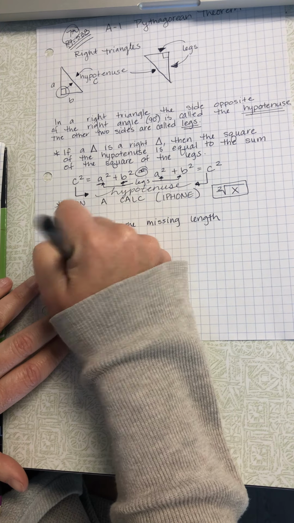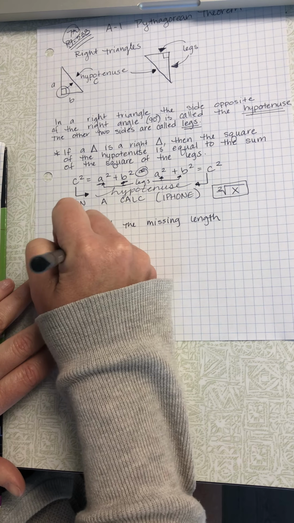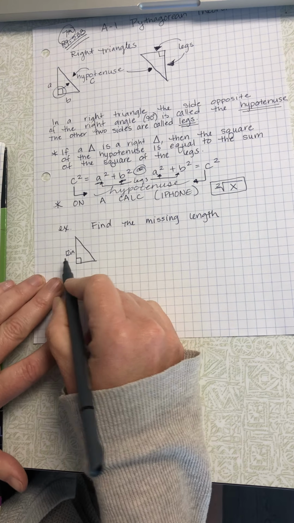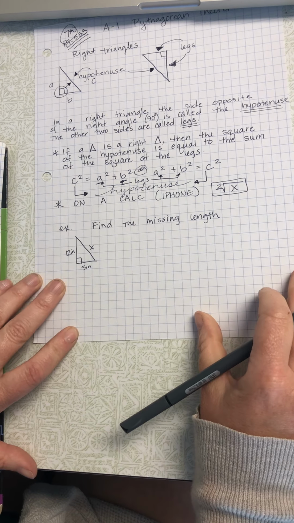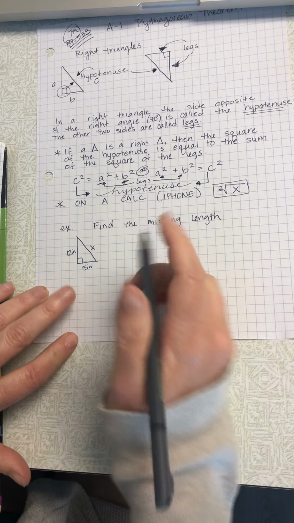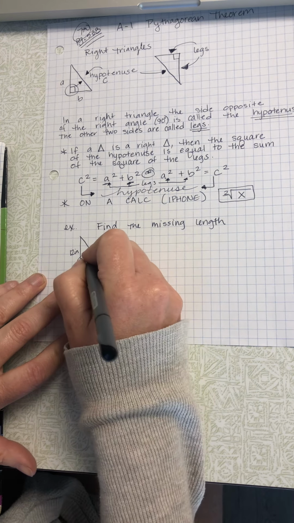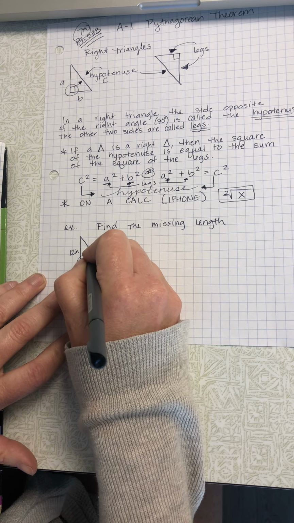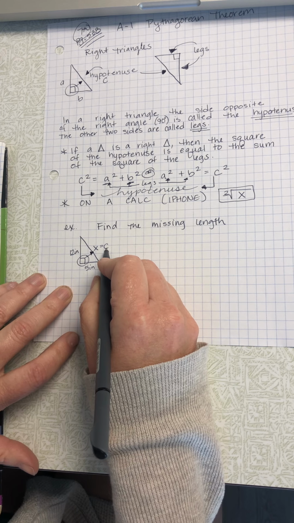And we've got what looks like a right triangle, and they give us 12 inches on the left and 5 inches on the bottom, and then X on the slant. So because I know the right angle is here and the opposite side is the hypotenuse, that means that this is C. X is equal to C.